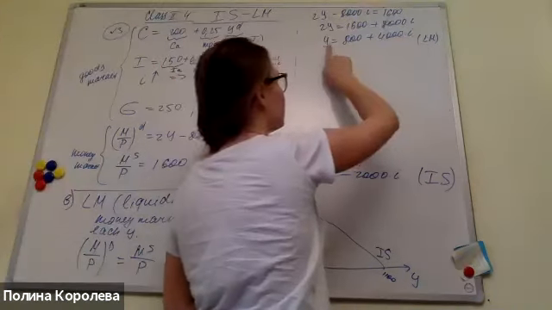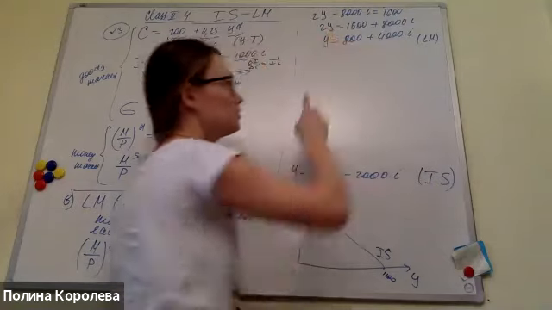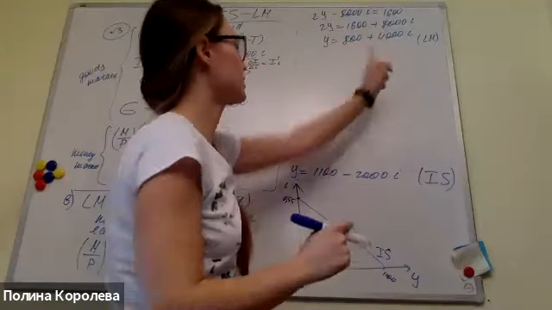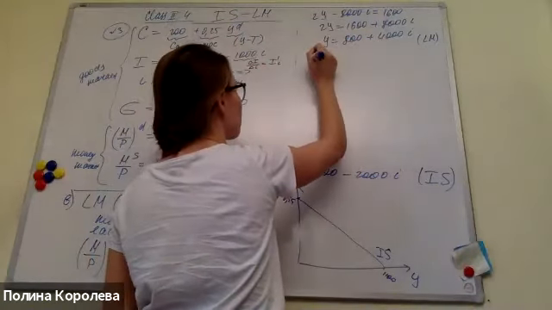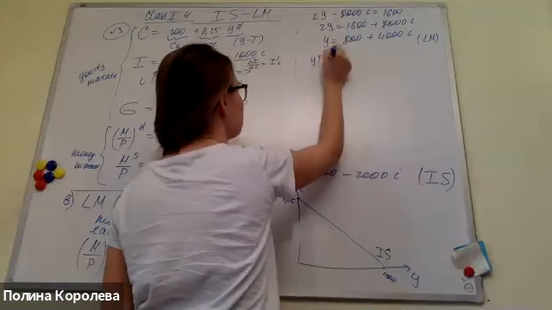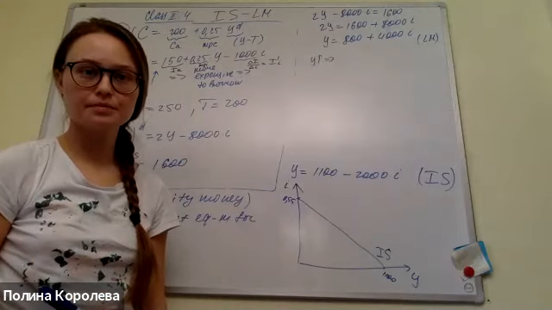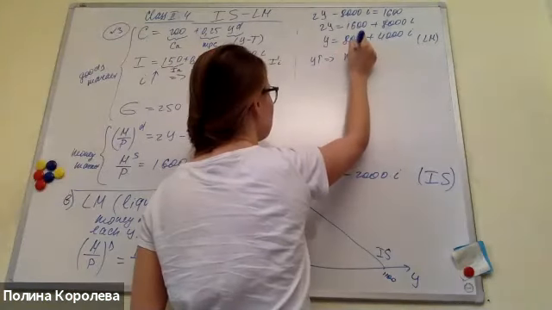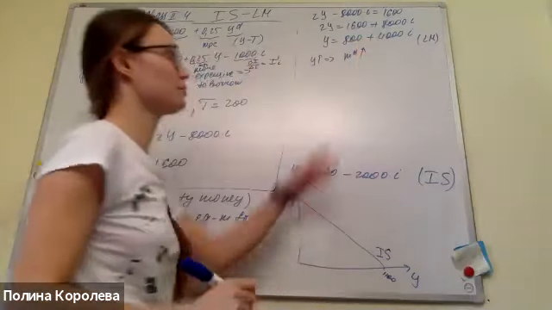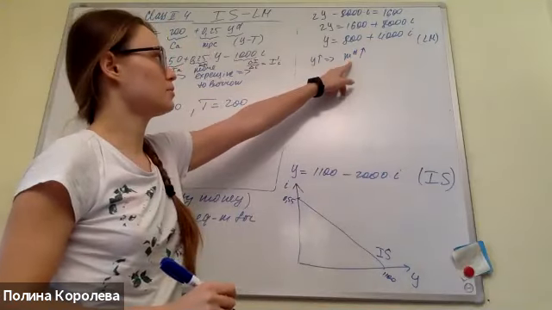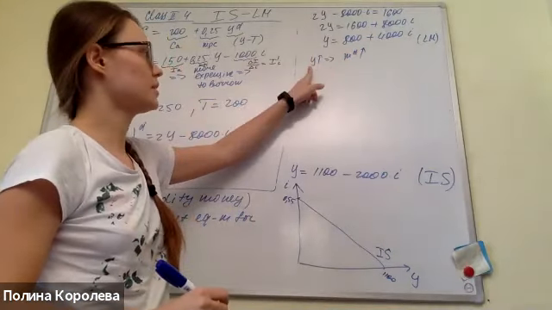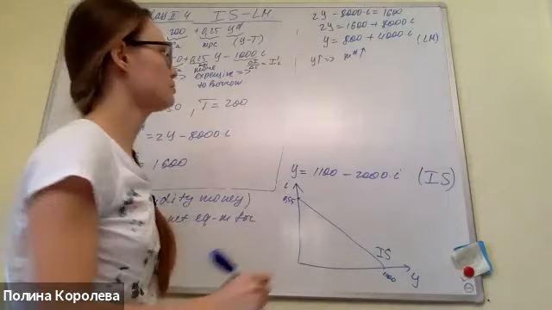Higher GDP. Why is there a positive connection here? Let us explain. If GDP is higher, that means that we need more money for transactions. So the demand for money will increase, and you remember that demand for money is positively related with GDP.